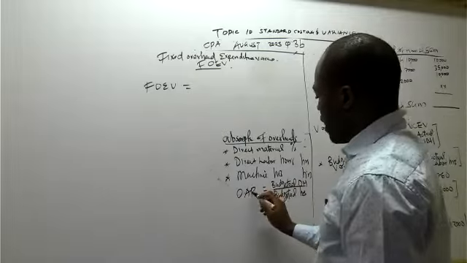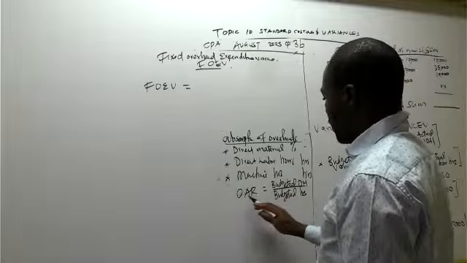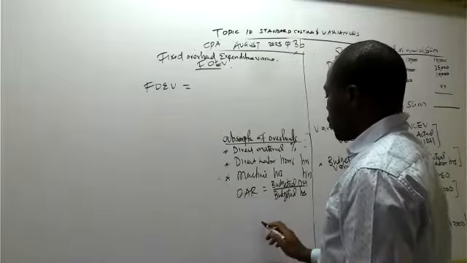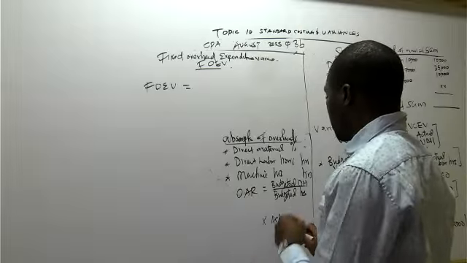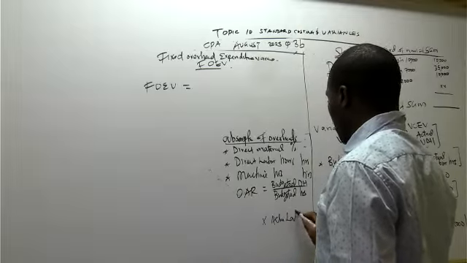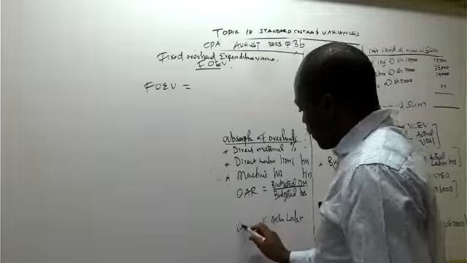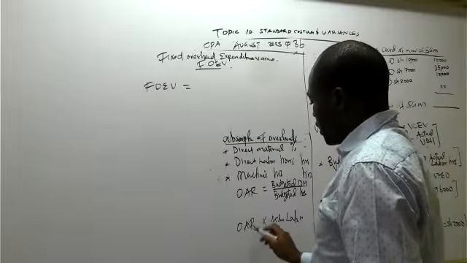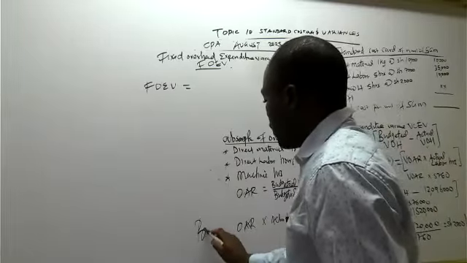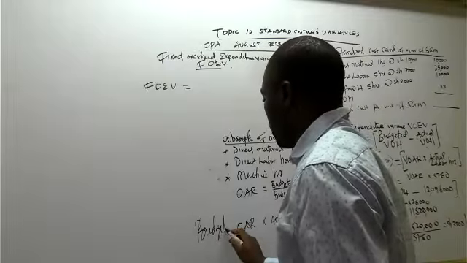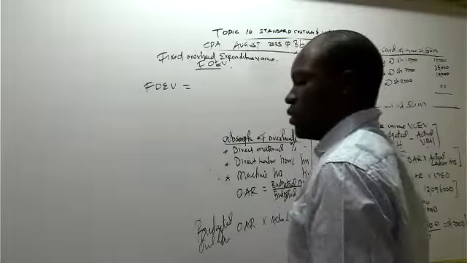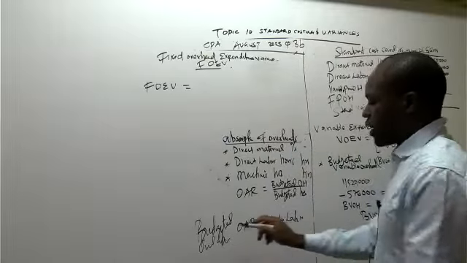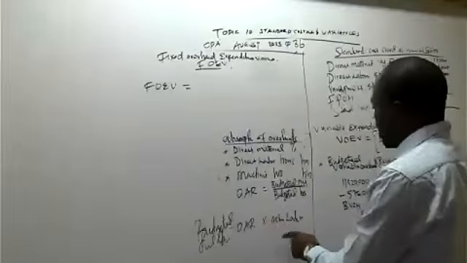After getting the overhead absorption rate, we multiply by the actual activity level, which happens to be actual labor hours. For us to get the budgeted overheads that were absorbed, budgeted overheads absorbed is equal to overhead absorption rate times actual labor hours.